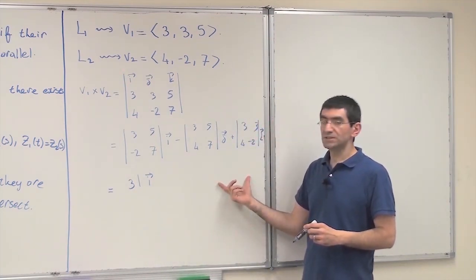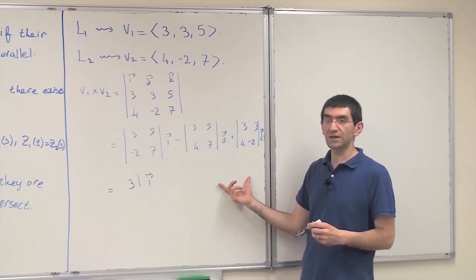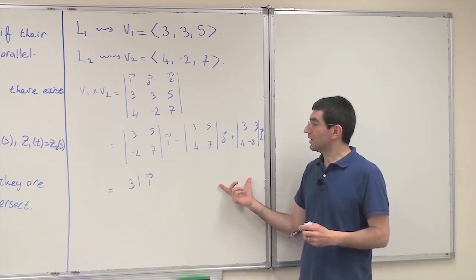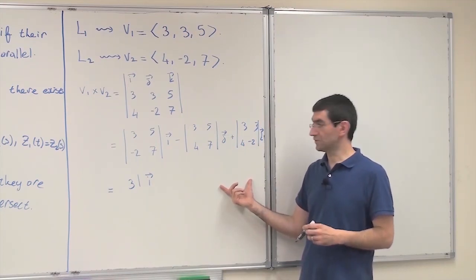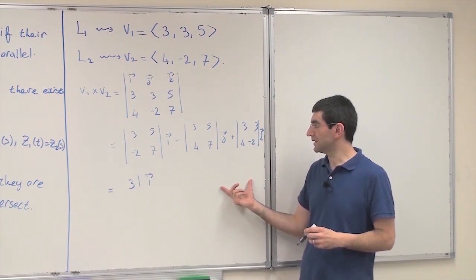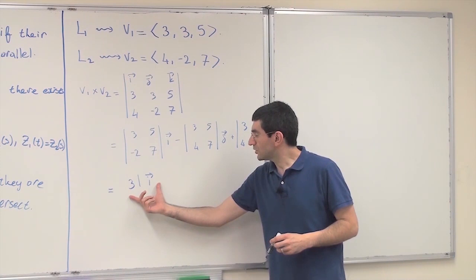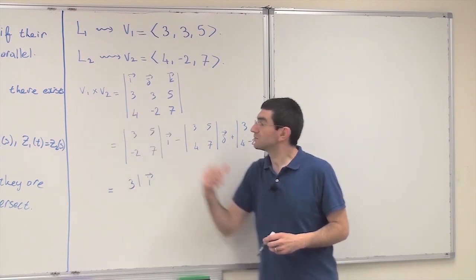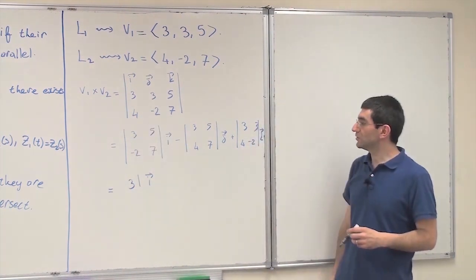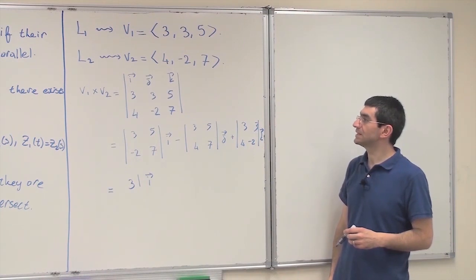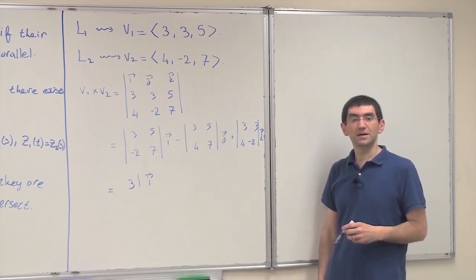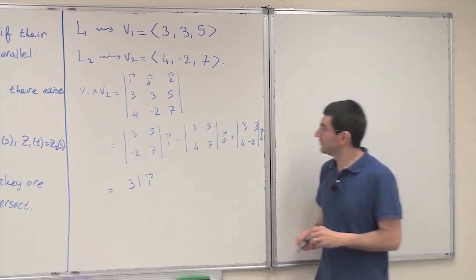I don't have to continue the rest of the calculation, but we observe from our first determinant that this cross product is not going to be 0, which means that these two vectors are not parallel.